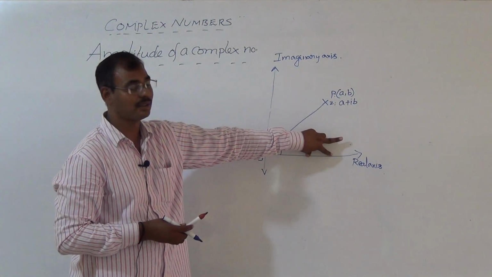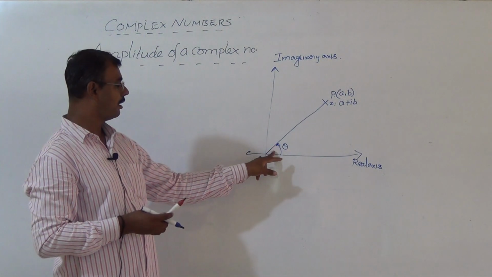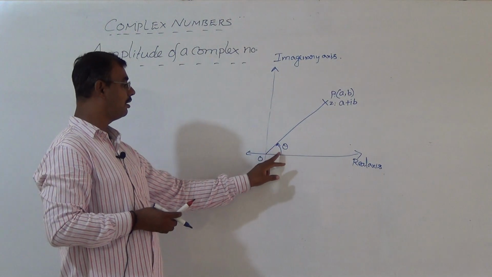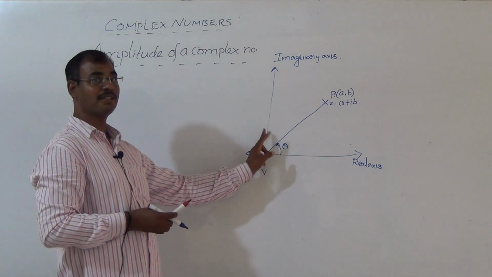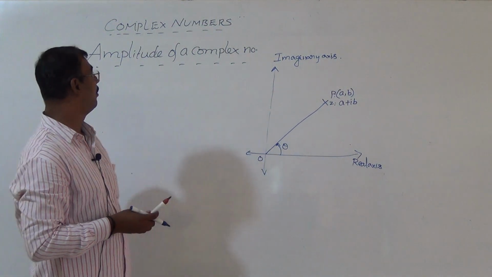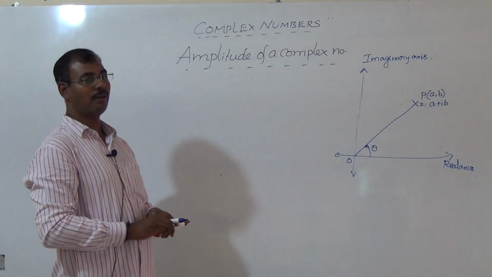The real axis. It makes with the real axis, taken in which direction? This is called the positive direction. It means anti-clockwise direction. That is called the amplitude of a complex number or argument of a complex number.